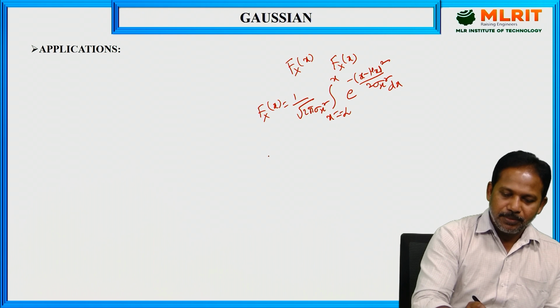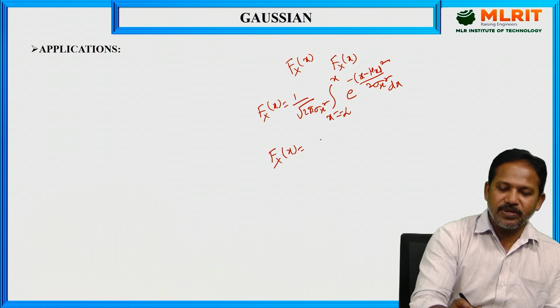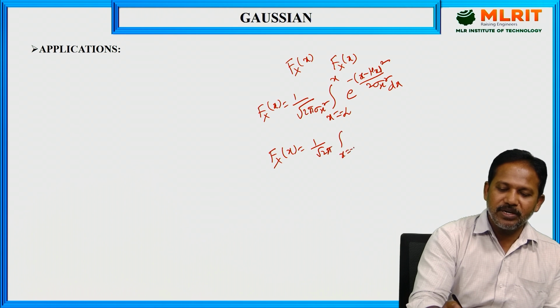And the normalized distribution function is F of x equal to 1 by root 2 pi into the integral from minus infinity to x of e power minus x square by 2 with dx.